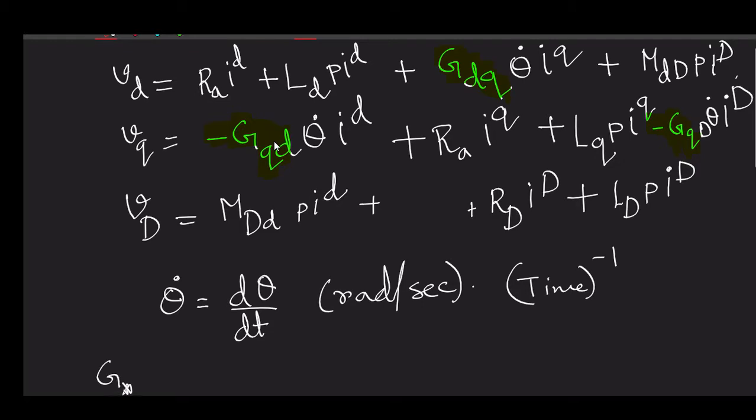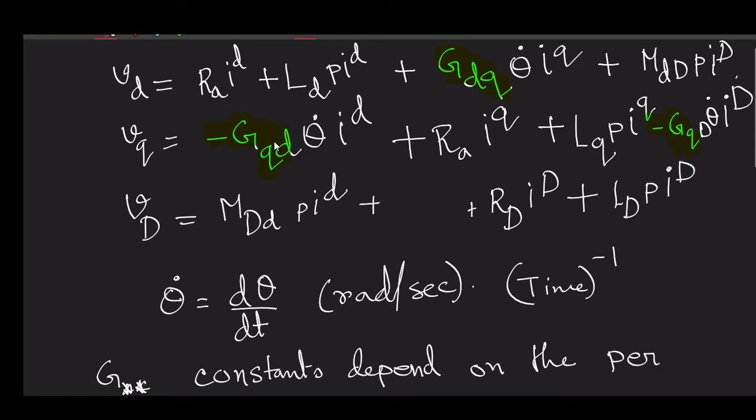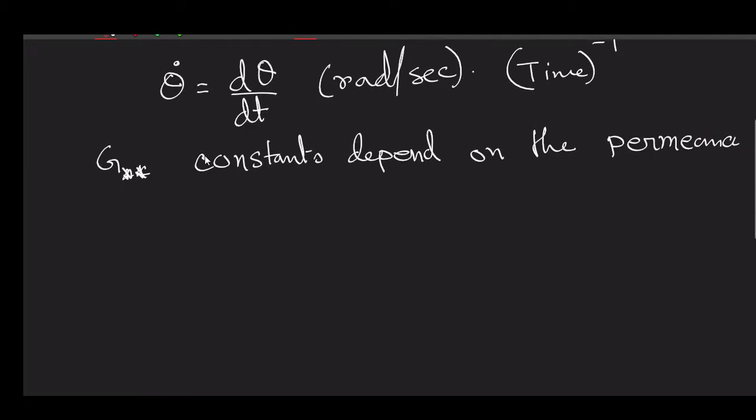G constants depend on, not the machine, better to say, the permeance of the magnetic circuit.